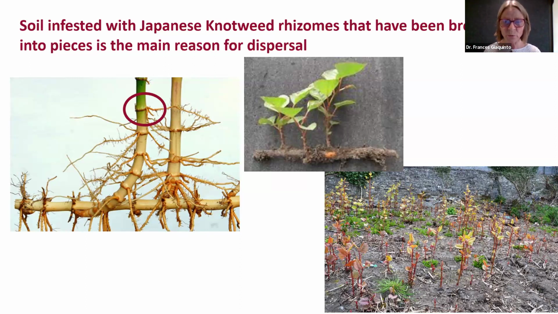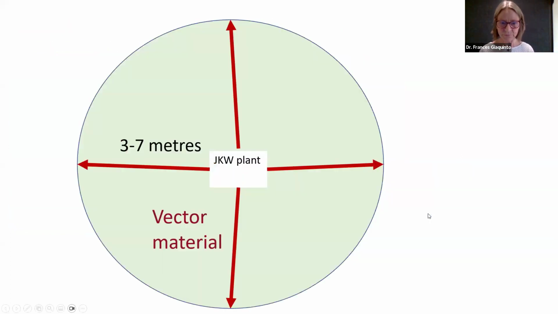They broke up all the rhizomes in the soil, and hey presto, you literally get hundreds and hundreds of new plants becoming established. And how on earth do you deal with that? Literally when the whole ground is all these little tiny shoots emerging from tiny pieces of rhizome, how are you actually going to mitigate in this situation? It becomes very difficult.